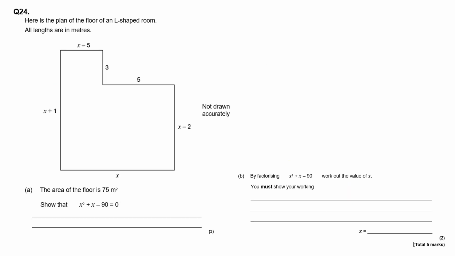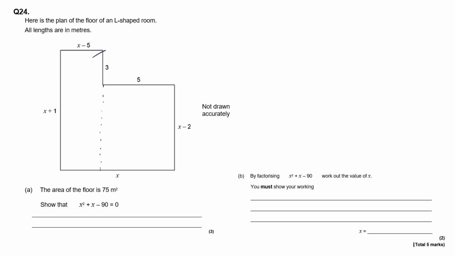Question 24. Here's the plan of the floor of an L-shaped room. All lengths are in meters. The area of the floor is 75 meters squared. Show that x squared plus x minus 90 is going to be 0. So I can separate it from here and find out the area of these shapes.